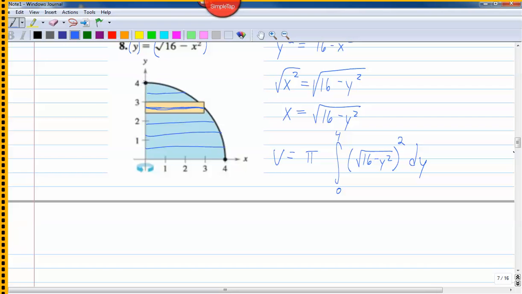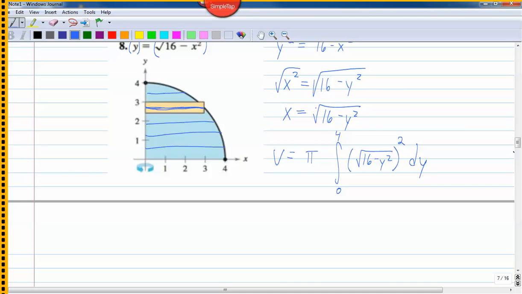Alright, what is the radius of the disk when y equals 4? Now think about this being revolved. There is no radius. So if I plug in a 4, I better get 0 for the radius. I said this was the radius here. That's what I plugged in. What if I plug in a 4 right here? You get 0.